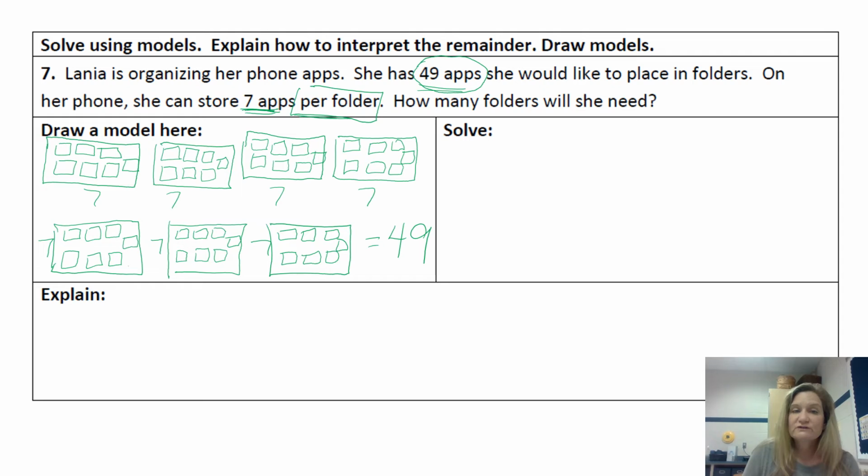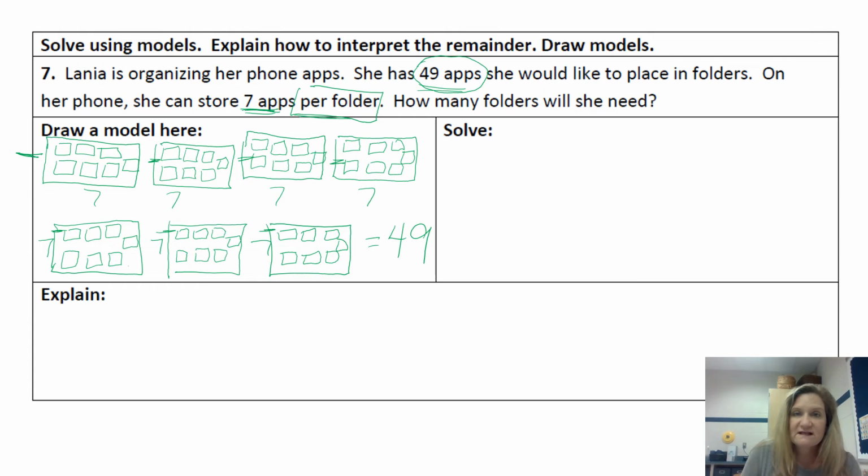So how many folders do I have? I have 1, 2, 3, 4, 5, 6, 7 folders. Okay? Now, do I have any remainders?